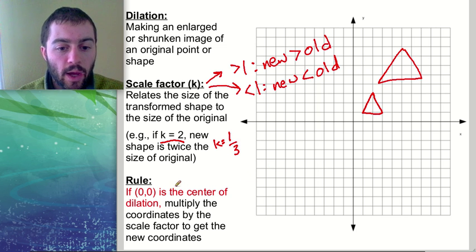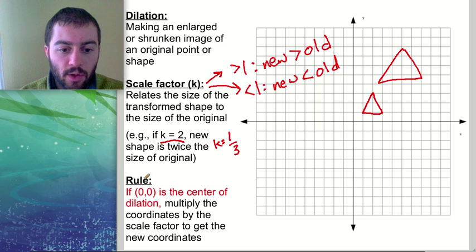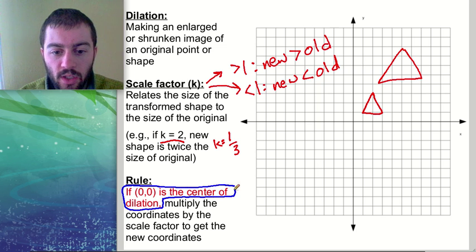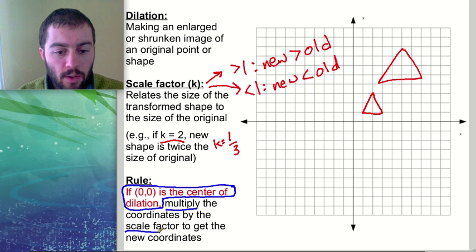So as a rule, and this is a very specific example here, there are multiple ways to do dilations, but in this video we're going to be looking specifically at dilations where the center of the dilation is 0, 0, or the origin. All right, so if this is the case, all you have to do to get the new coordinates is take the coordinates that you had and multiply them by the scale factor.